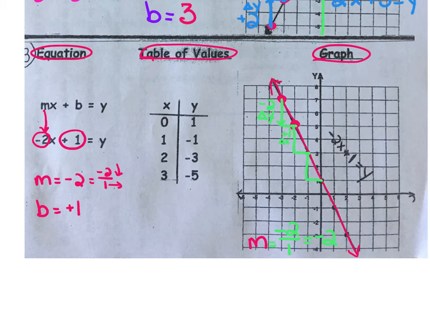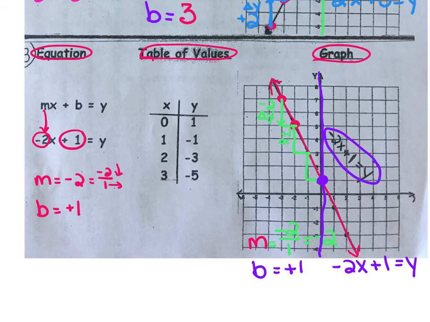And when it comes to our y-intercept, please make sure you're recording these notes, we can see our red line intersects the y-axis at positive 1. So our b value is positive 1. The equation for this line, negative 2x plus 1 equals y. And you can see that it's written right here.